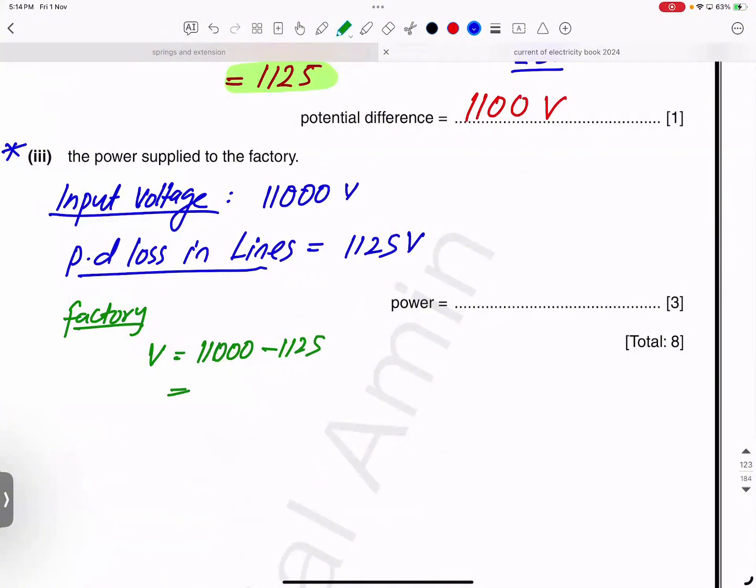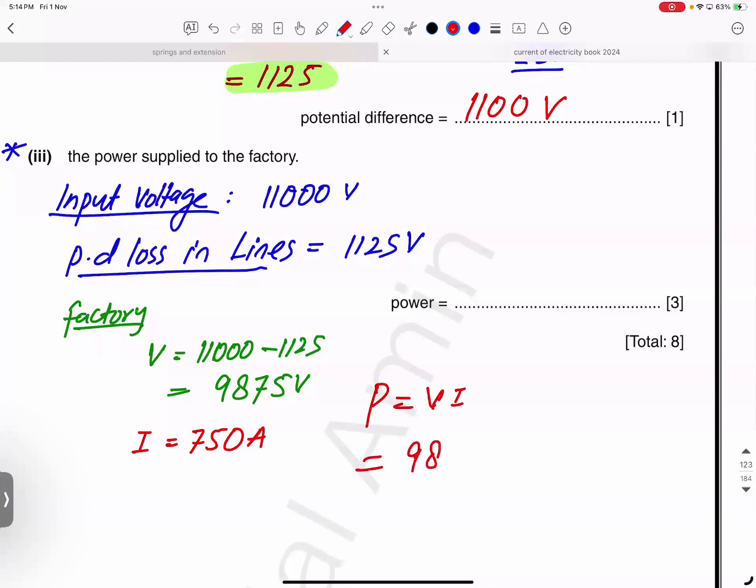Calculate. 9,875 volts. So the current you already know, which is 750 amperes. So P is equal to VI.